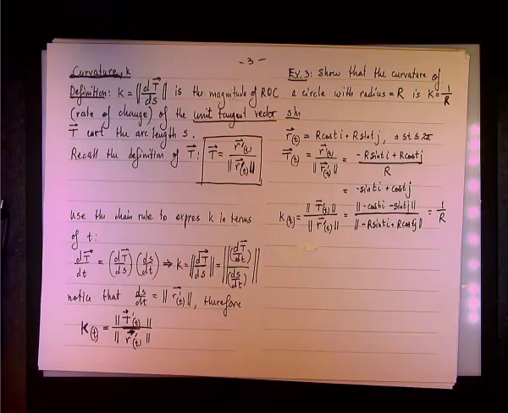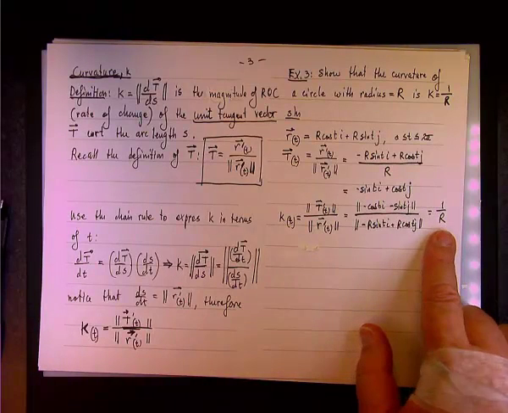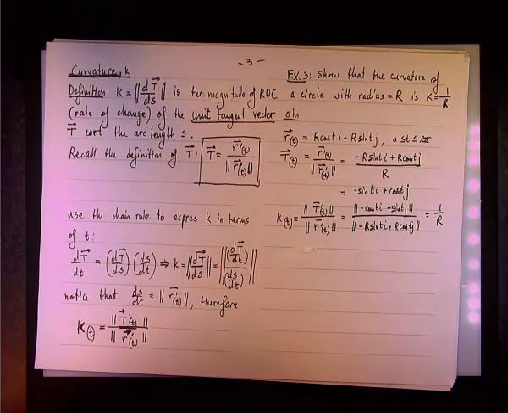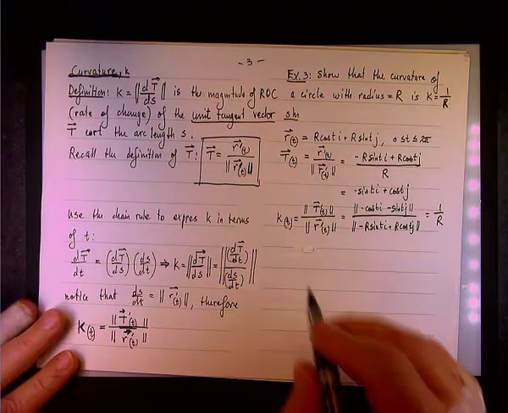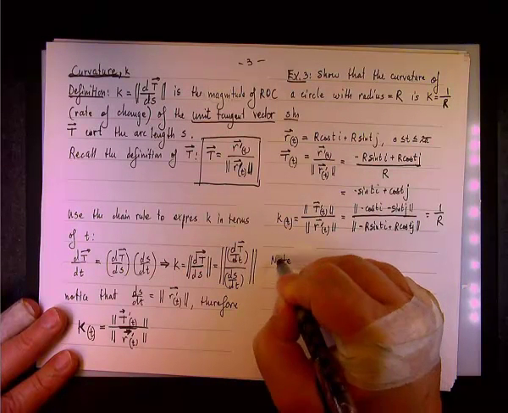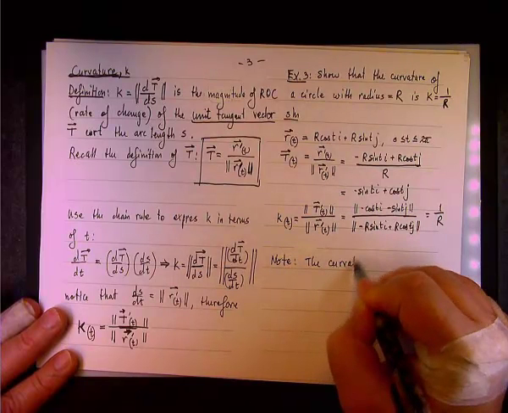And think about it. A large circle, if you take an arc on the circle, will be flatter. It will be closer to a straight line than a small circle. So you can see that the radius and the curvature have an inverse relation, so they're inversely proportional.